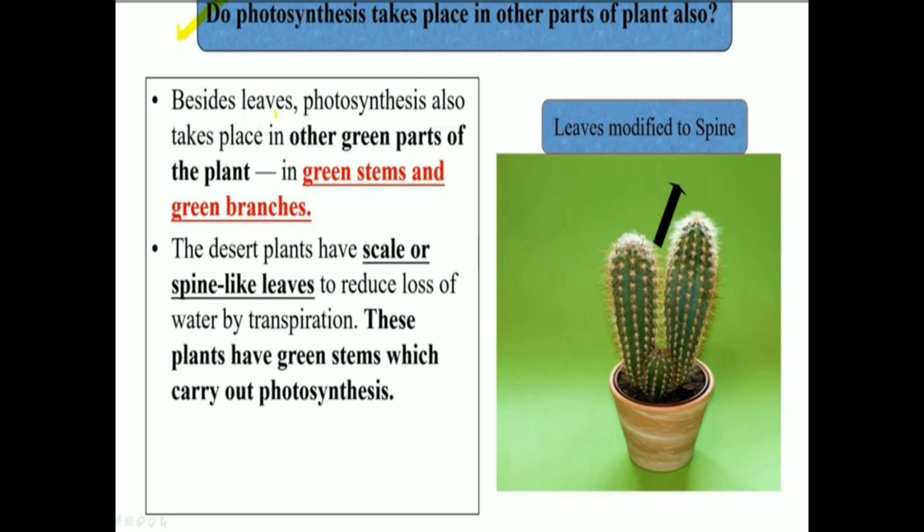So in a desert area where there is scarcity of water, leaves get modified into these spiny structures, so that there is less loss of water through transpiration. So in these kinds of plants photosynthesis takes place through the green stem.